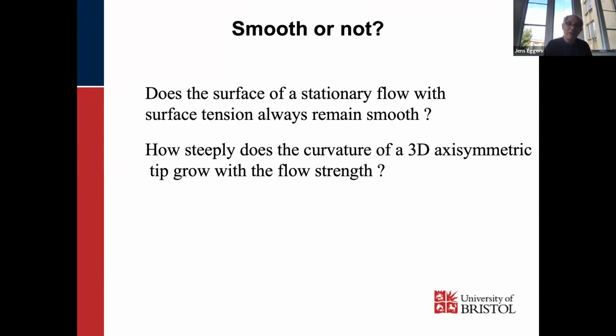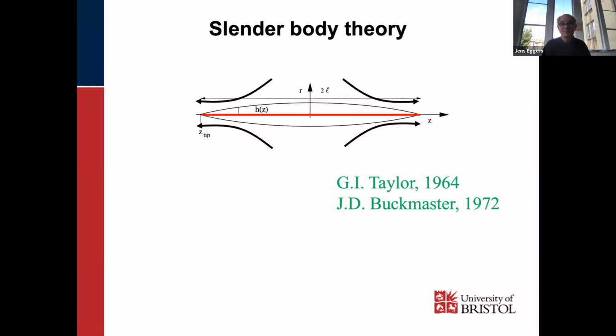I mean, the very first question is, is the interface smooth at all? Or am I perhaps, by forcing it with a viscous flow, able to produce a true singularity? And if there is always a finite curvature, the question is, how does the curvature increase if I increase the flow strength? So these are the main scientific questions I will ask.